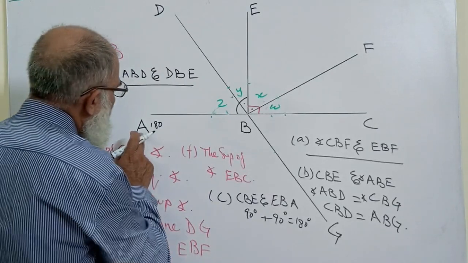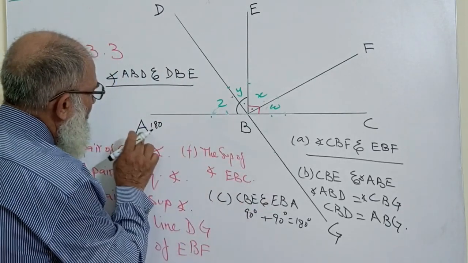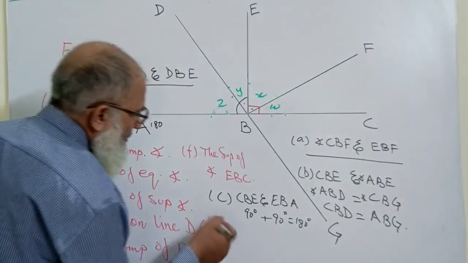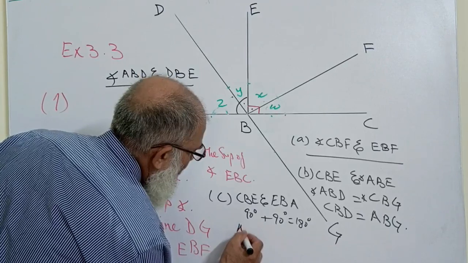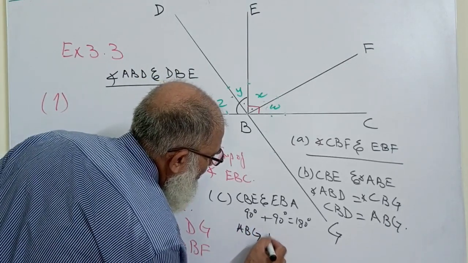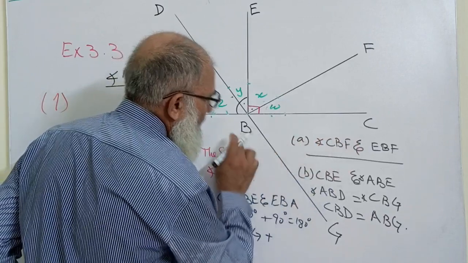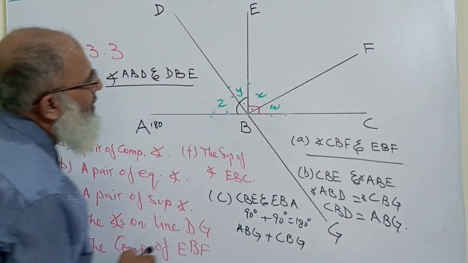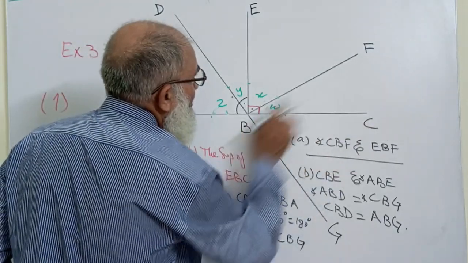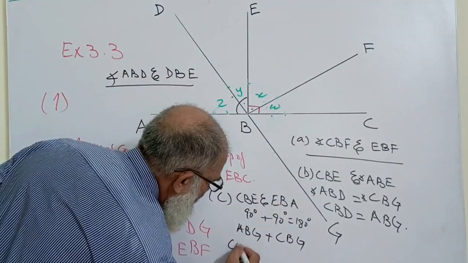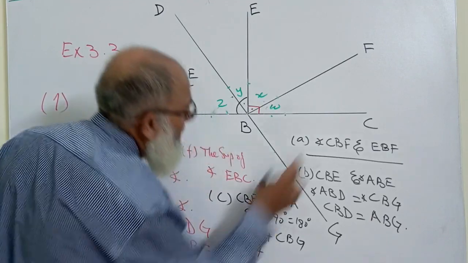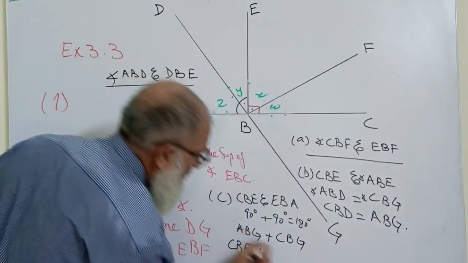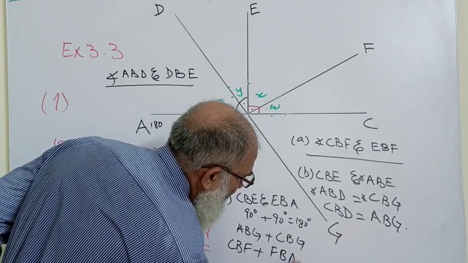Now you see that there is also one angle in this direction, ABG and GBC. ABG plus CBG. CBF plus FBA.